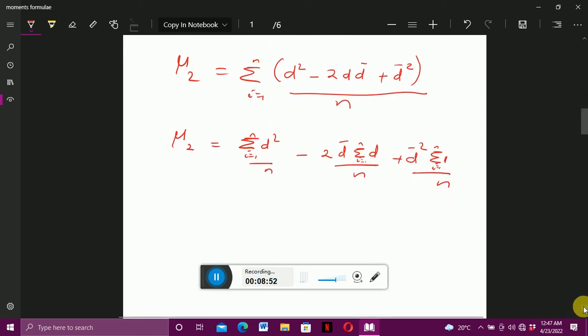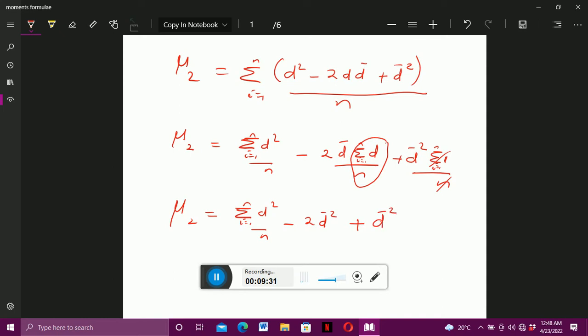And once we divide that, we are going to get mu2 is equal to the sum from i = 1 to n of d squared over n minus, now you see we have sum of d over n, which is going to give us another d bar. So here we are going to have 2 d bar squared plus, what? Here n will cancel out, and we are going to be left with d bar squared.